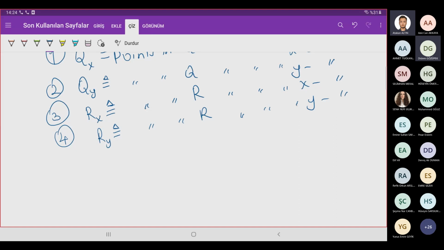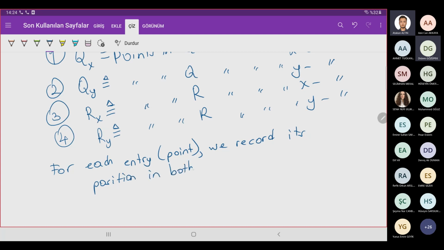If it's region R, then both in Rx and Ry. We keep track of it according to both its x coordinate and y coordinate.